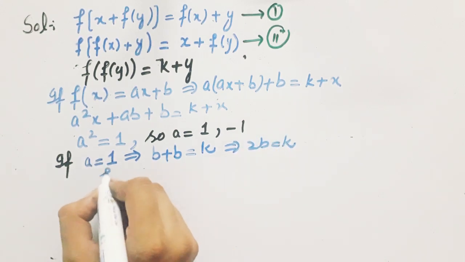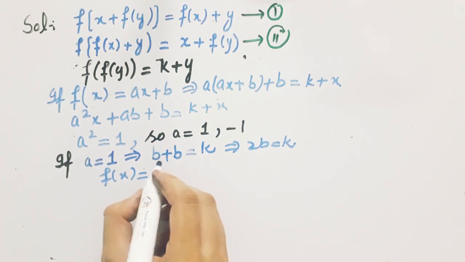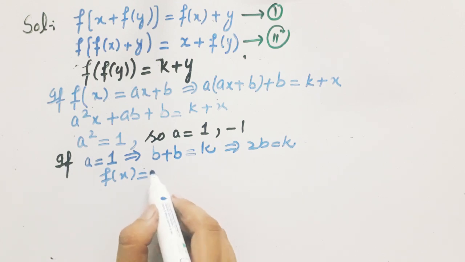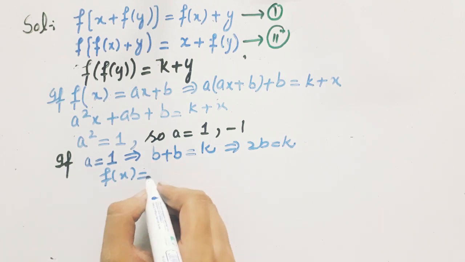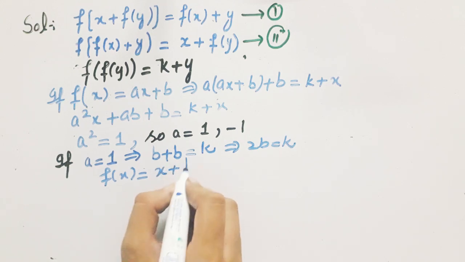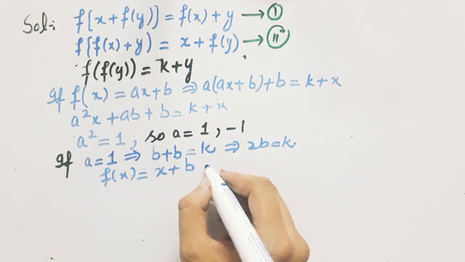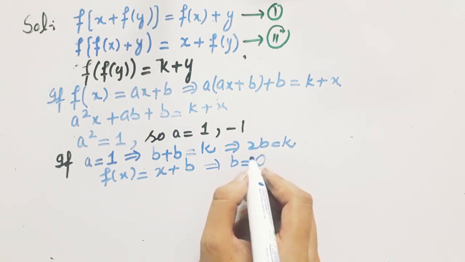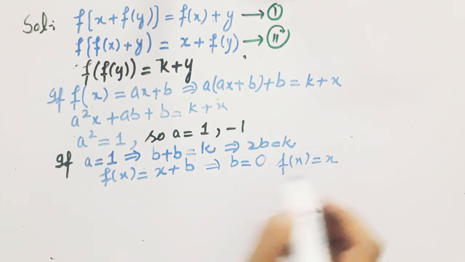So in this case f of x will be equal to x plus b, because the value of a is 1. So we found b is equal to 0. So f of x is equal to x.